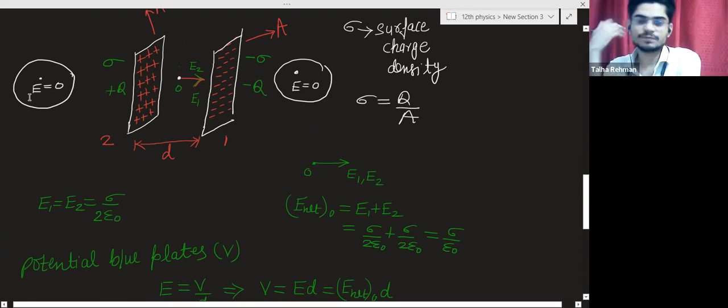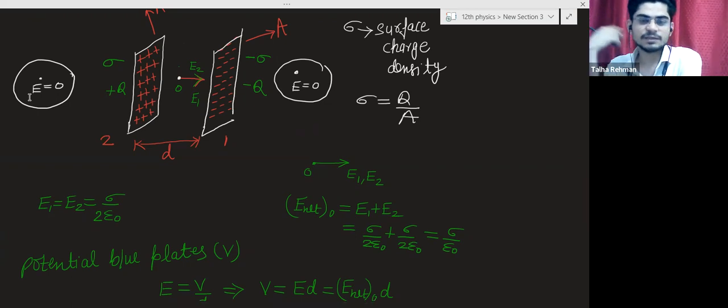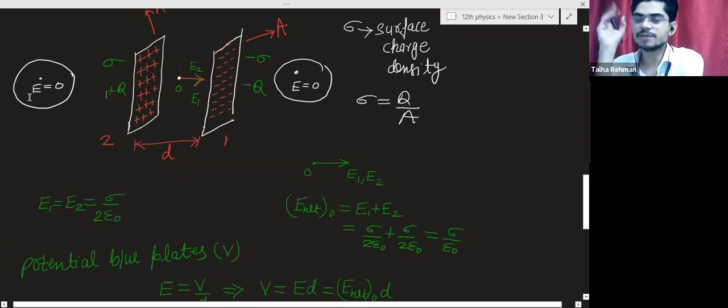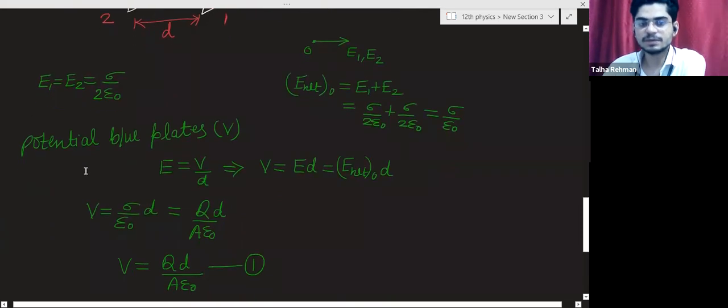But now I am telling you that you should remember, outside the plates the electric field will be 0. But inside there will be an electric field, and the value of that electric field will be sigma by 2 epsilon naught due to each plate. And the total electric field will be sigma by epsilon naught. And what we have done, we have this formula, and I have written this equation in this form.